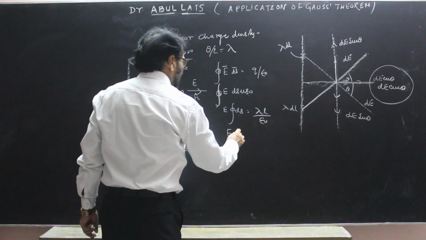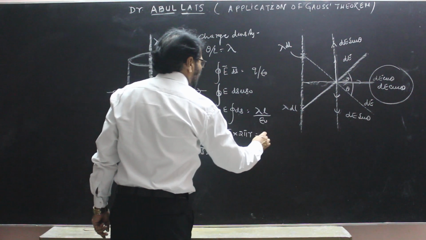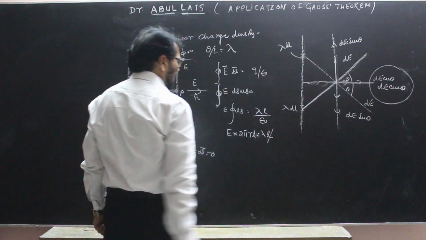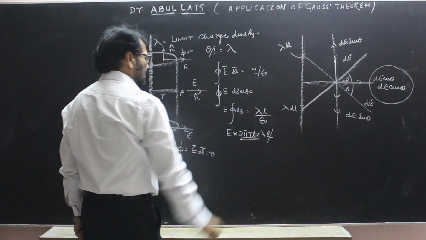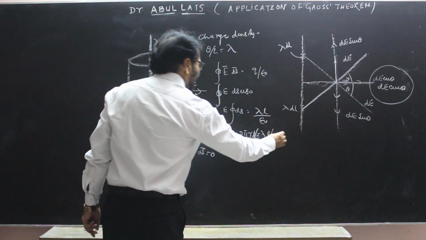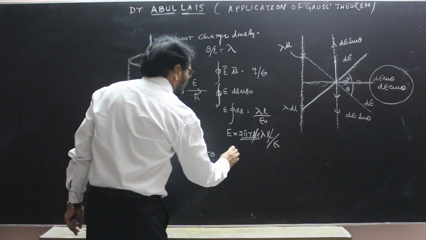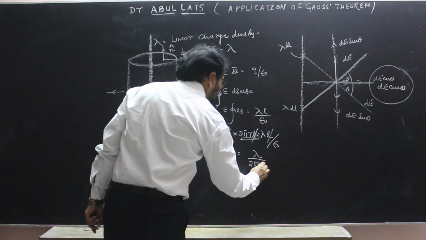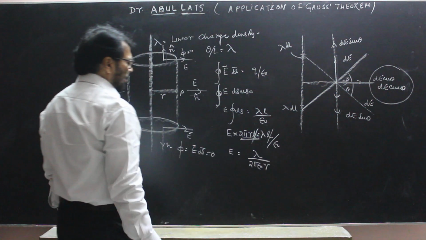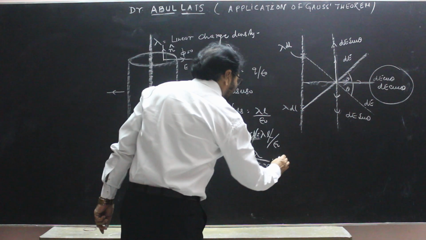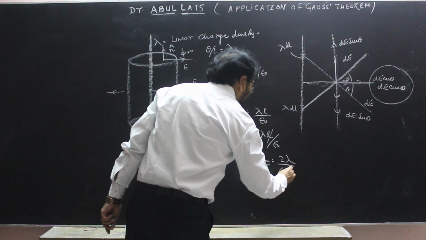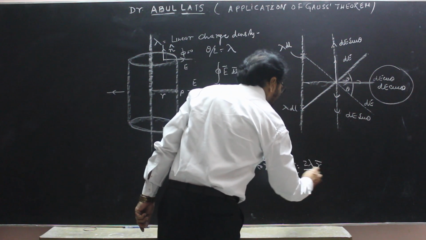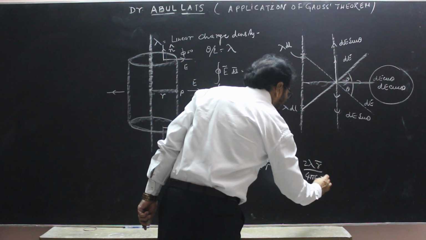So E, and this is 2 pi r L, this is the area of the curved surface, lambda into L. L cancels, and the value of electric field is E is equal to lambda by 2 pi epsilon naught r, and it can be written as 2 lambda by 4 pi epsilon naught r, and it can be written as 2 lambda r by 4 pi epsilon naught r square.